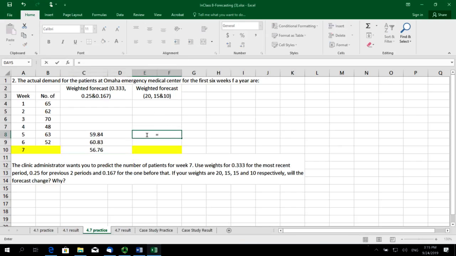And changing the weights, so 20 times 48 plus 15 times 70 plus 15 times 62 plus 10 times 65, divided by 20 plus 15 times 2 plus 10.